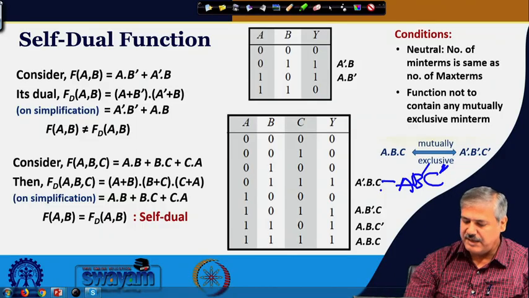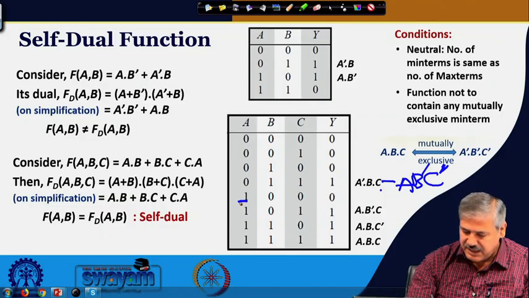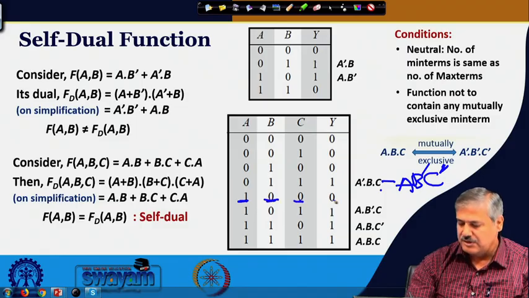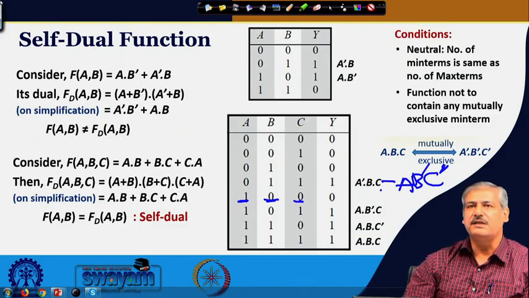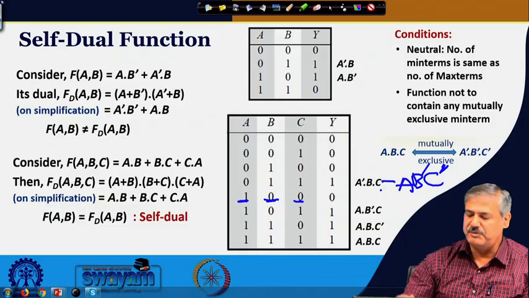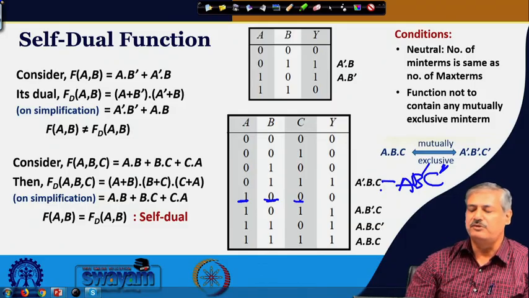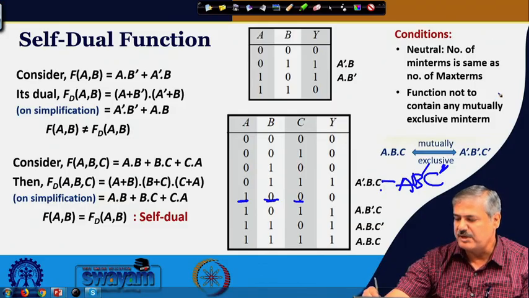This is 0. That way you can see that this particular function is self dual because it satisfies both the conditions.